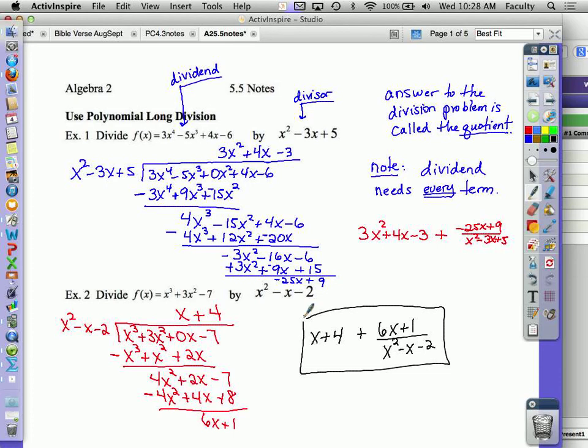All right, I want you guys to now attempt example 3 on your own. While you're doing that, I'm going to pass out tonight's worksheet. My TA did not hole punch this one, so I'm going to pass my hole punch around.